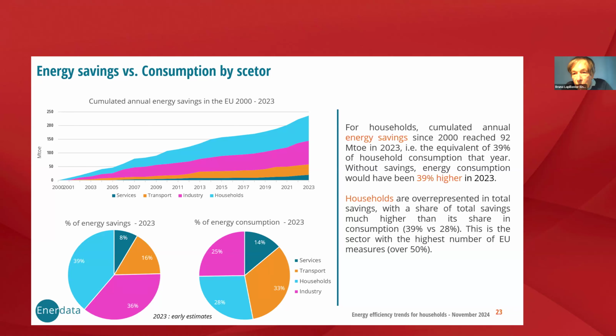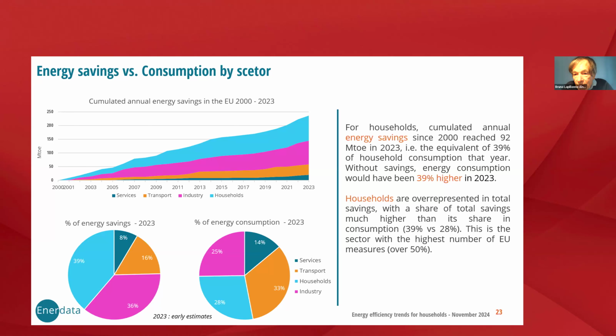Households are overrepresented. This is shown by the two pie charts below on the screen in the total saving, with a share of total saving much higher than its share in consumption: 39% of saving for household, whereas its share in consumption is 28%.